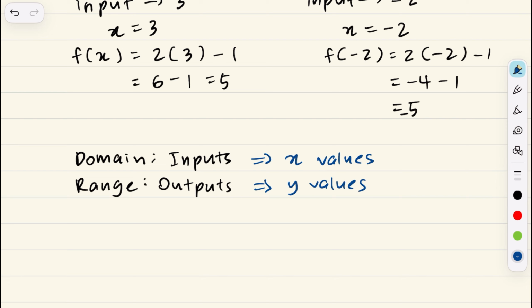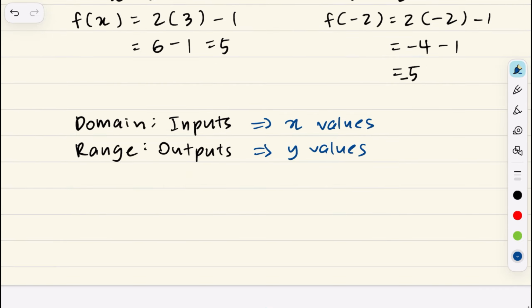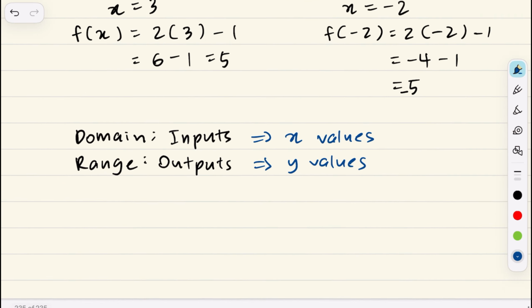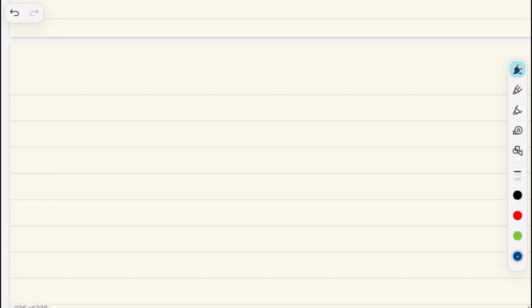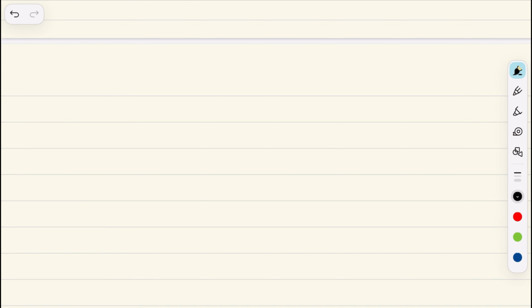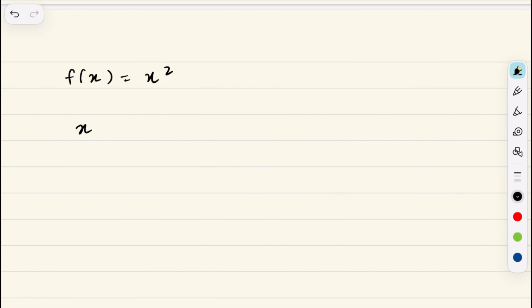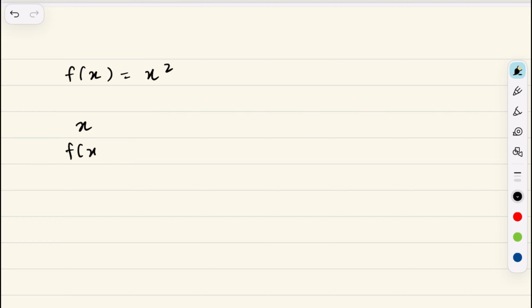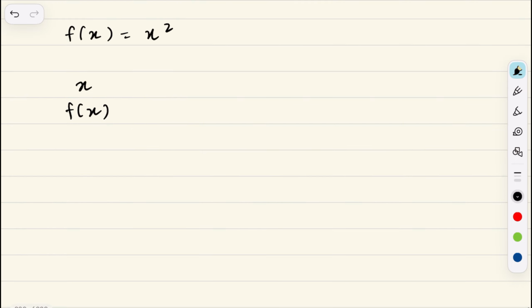This is very important. To understand domain and range, let's draw a table of values. Let's think about the function f of x equals x squared. We have x and y, but since it's a function, we don't use y, we use f of x. You may be wondering, why do we use f of x and not y? It doesn't matter.